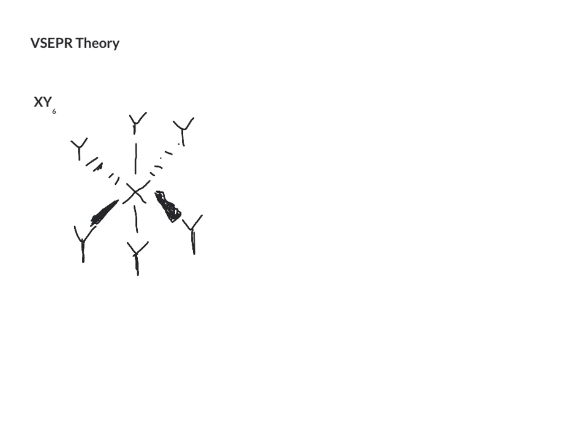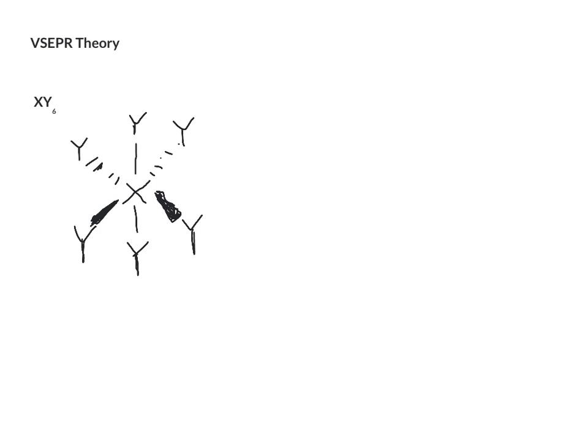The bond angles are all 90 degrees. If you focus your eye on these groups, it looks like a square. A square has 90-degree angles at each corner: 90 degrees, 90 degrees, 90 degrees, 90 degrees. These positions, as this is drawn, are axial. But all the bond angles are 90 degrees.